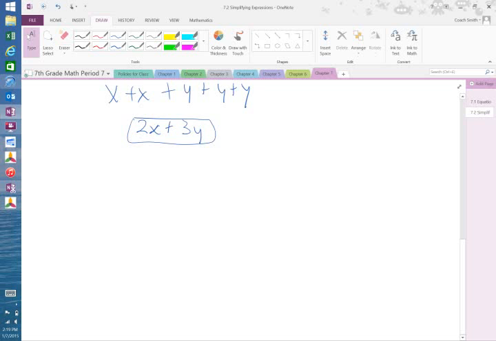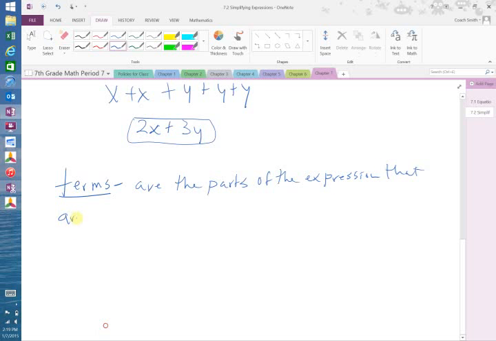Let's look at the very first one. Very first definition that I want to look at is terms. Okay? Terms, when we're talking about mathematics, terms are the parts of the expression that are being added together.